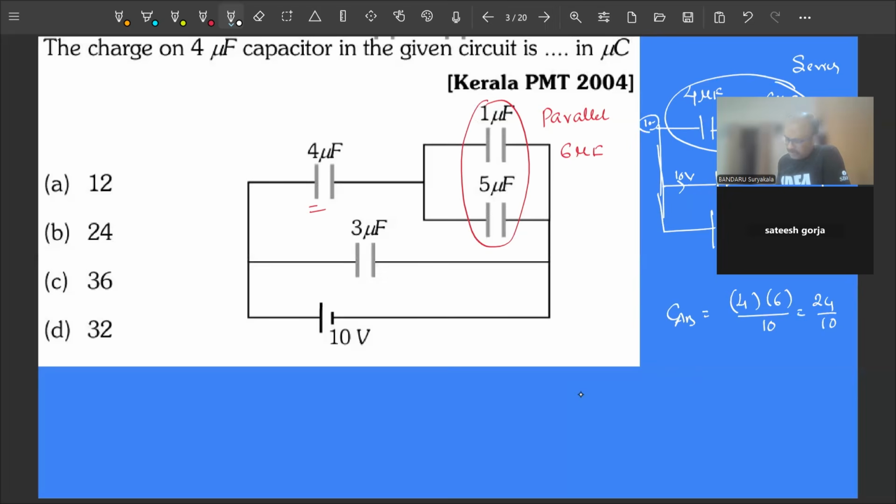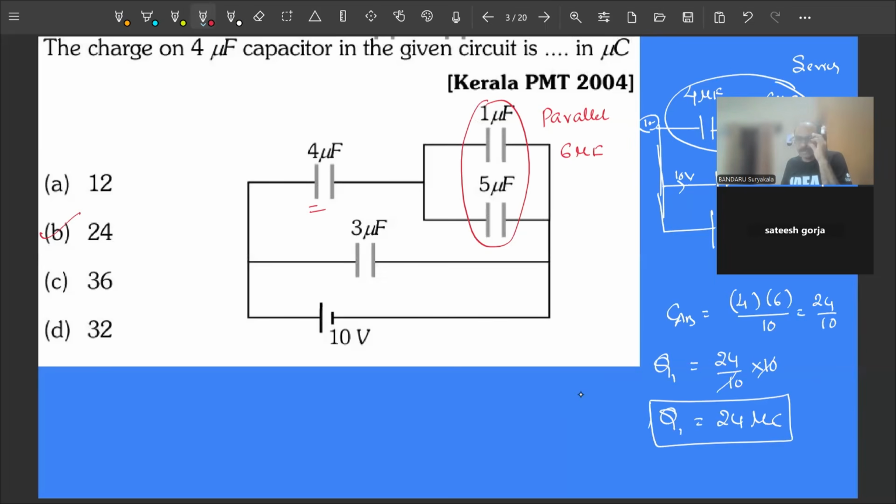Now Q1 equals 24 by 10 into 10 volts, so the answer is 24 microcoulomb. The potential is the same, so first we find the equivalent capacitance of that branch. The branch charge is the same because these two are in series.